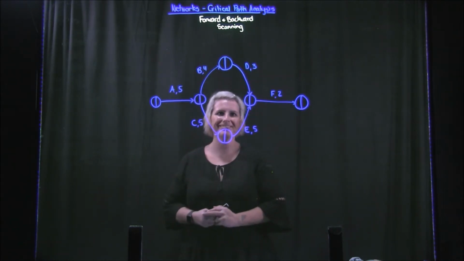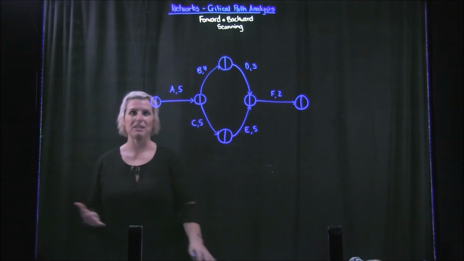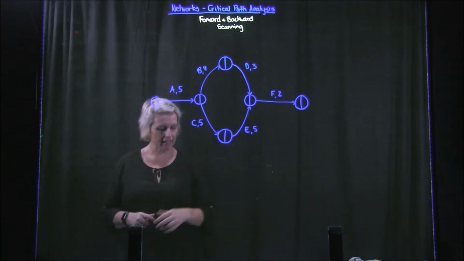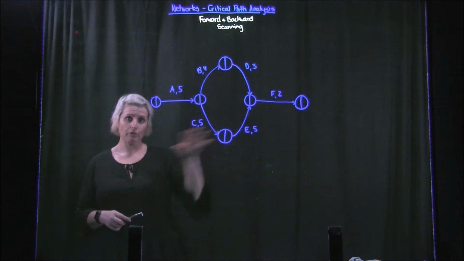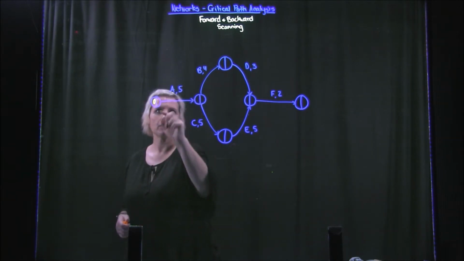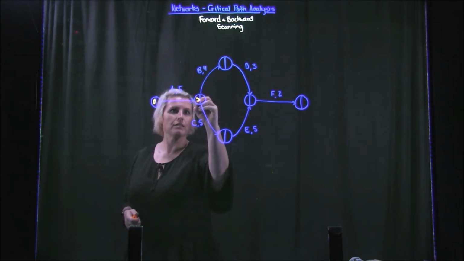So the first thing we're going to do, let me take this network off my face, is forward scan through the network. We're going to start at 0. Now this one takes 5 minutes.